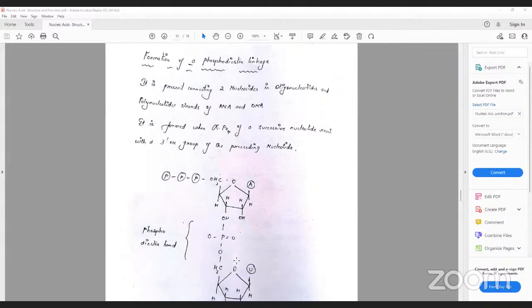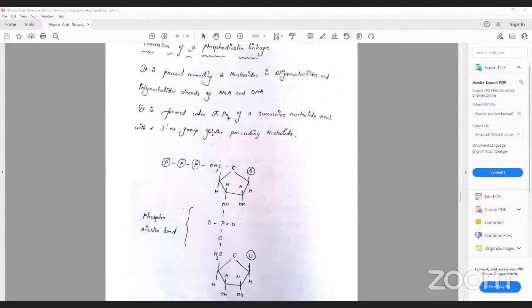Just read the statement here: this was the alpha phosphate of the successive nucleotide, which is linking with the 3' hydroxyl group. This was first carbon, second carbon, third carbon. So this is the 3' hydroxyl group, and they are involved in formation of the phosphodiester bond. That means 2 sugar units linked by a common phosphate group.